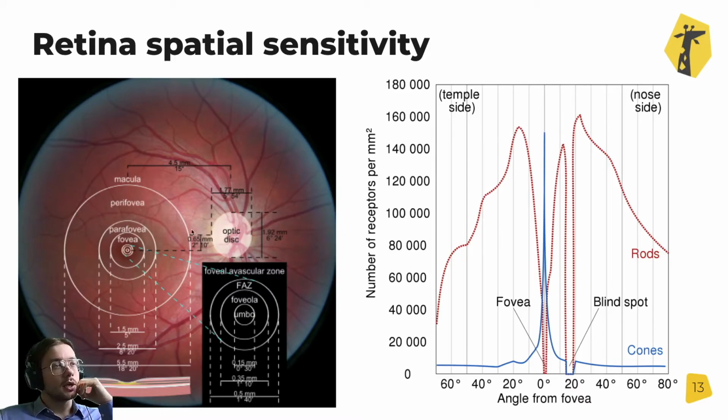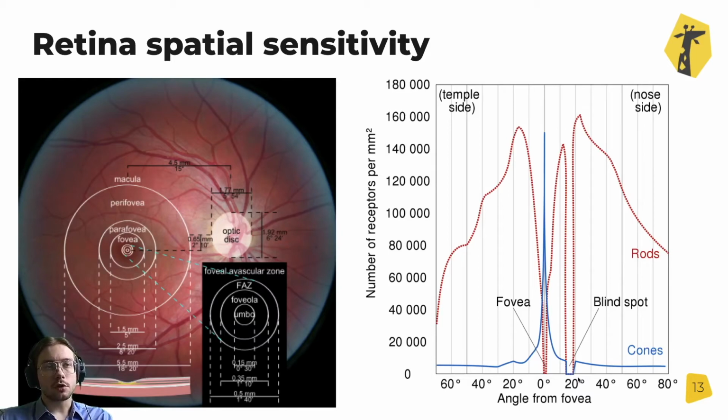And here we see that the maximum density is in the fovea, and in every other place we don't in fact have colored vision, but rods are distributed more widely and more uniformly, and with rods we can see just some movements and so on, and we can see at dawn with rods.